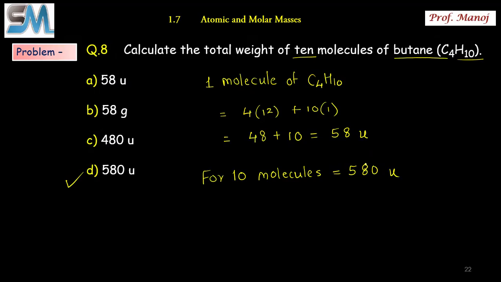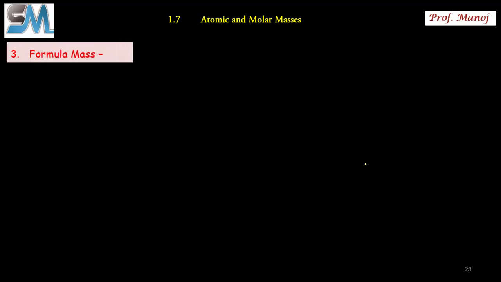Correct. Going ahead, a new concept is introduced over here. But frankly speaking, we make use of it not that much. Up till now, we had considered all the molecules, which were organic molecules, also known as covalent molecules.